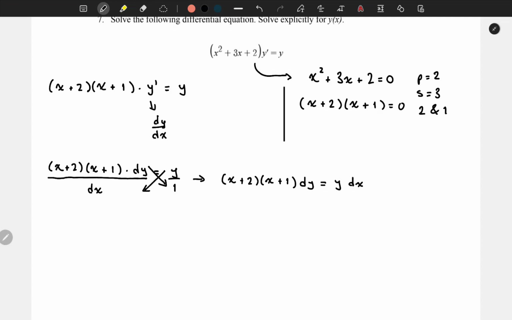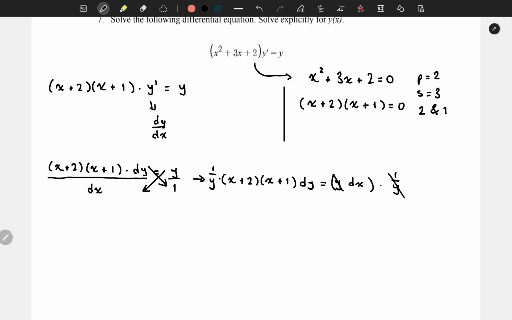So let's first move this dy. How can we move that? We can multiply this side by 1 over y, because if we do that, the y and the 1 over y cancel out.